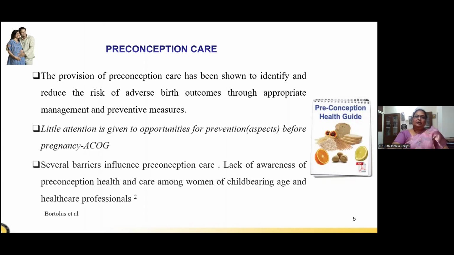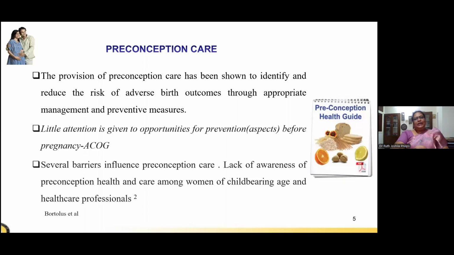One of the studies that have been done shows that there are a lot of barriers for couples, both the woman and her partner, to access preconception care. One important barrier that has been identified is lack of awareness that preconceptional health care exists.